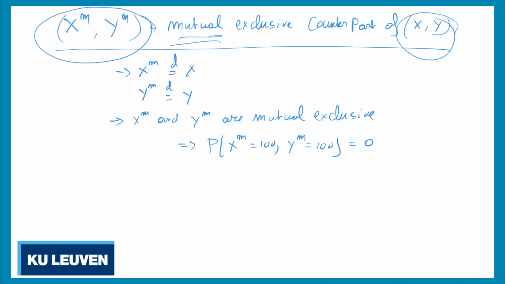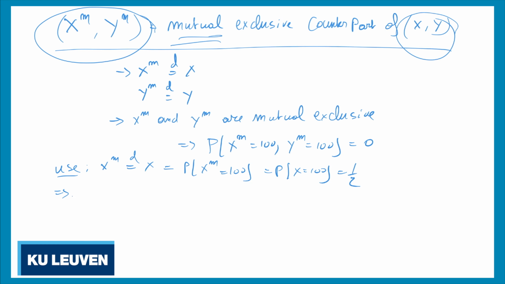So if you now use that X^m has the same distribution as X, that means that the probability that X^m is equal to 100 is equal to the probability that X is equal to 100. They have the same distribution, and that should have probability 1 over 2.